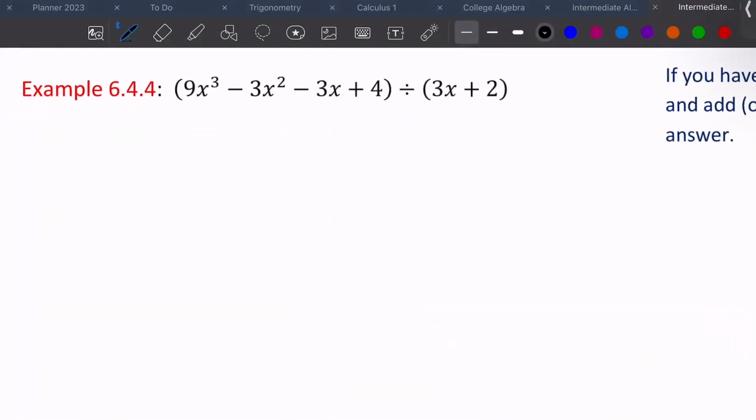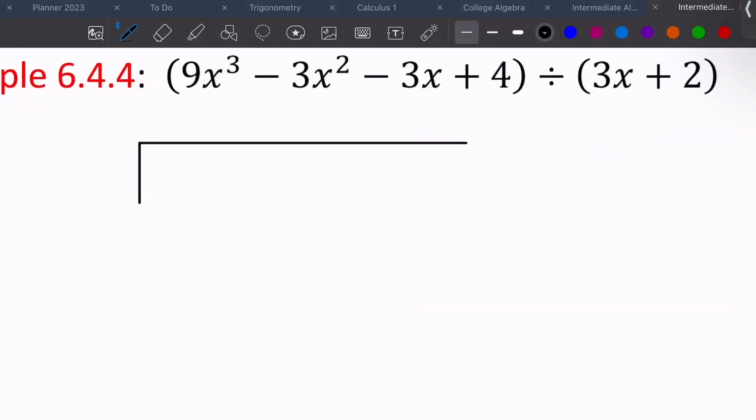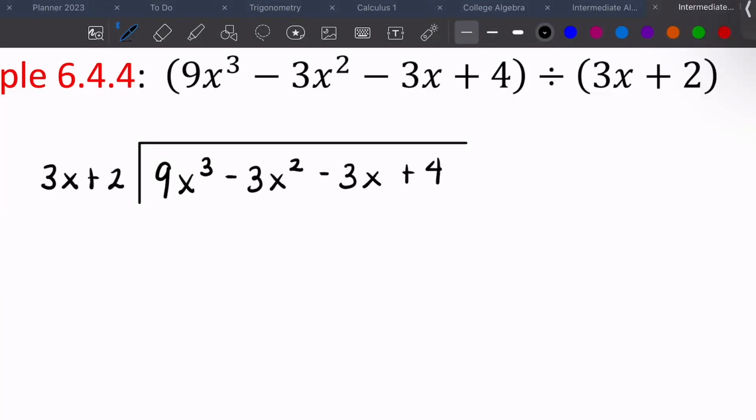So, all right, let's look at this one. Let's set it up. Okay, first step.